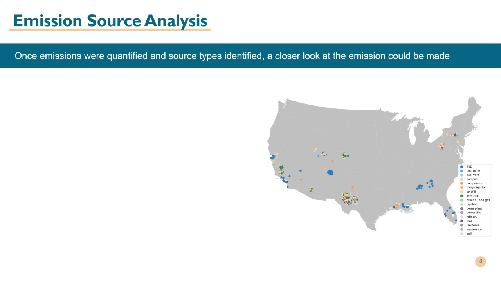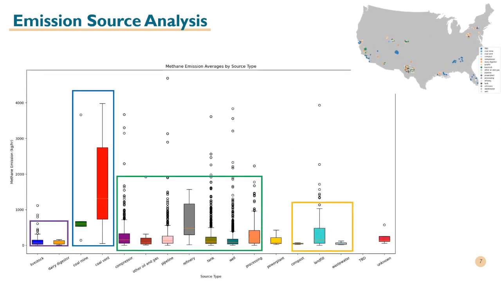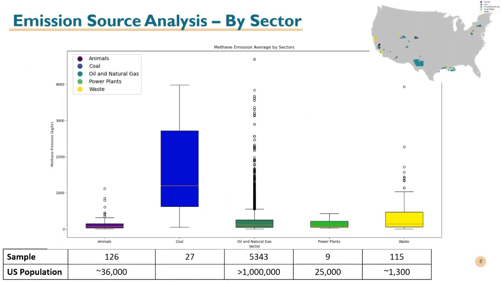And once emissions were quantified and source types identified, a closer look at the emissions could be made. Looking at this, we decided that there are different sectors. There is the animal, coal, oil, and natural gas, power plants, and waste sectors. Looking at this data allowed us to identify where the significant information is located.